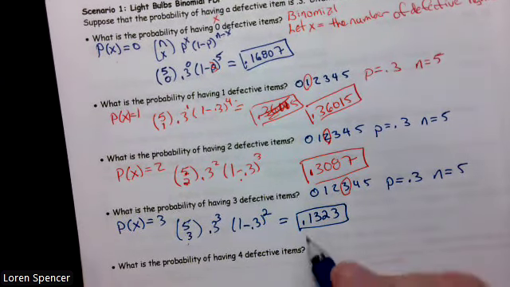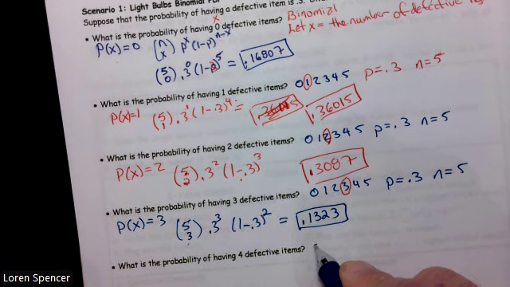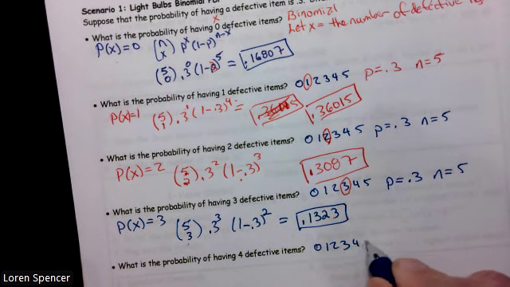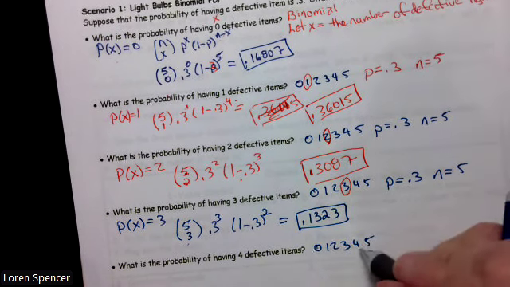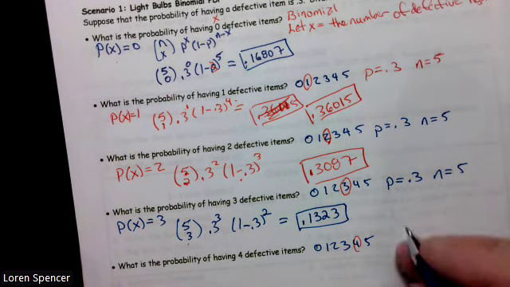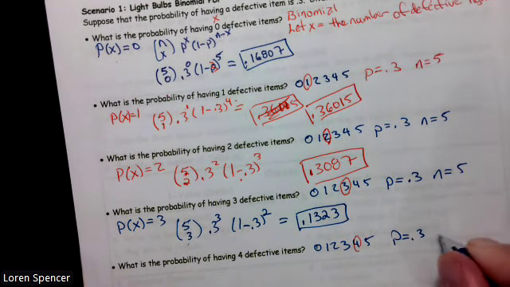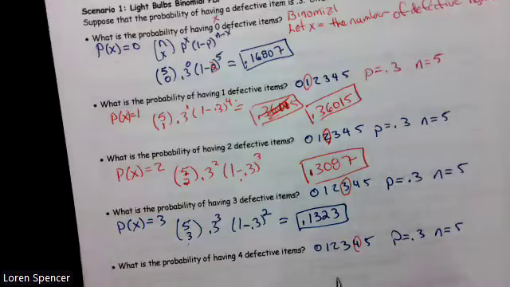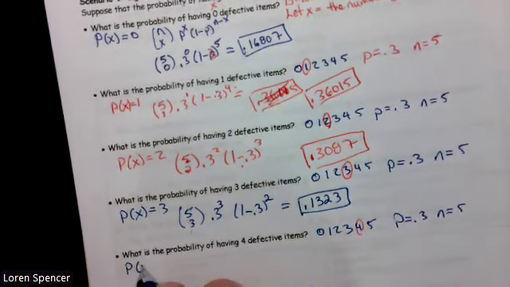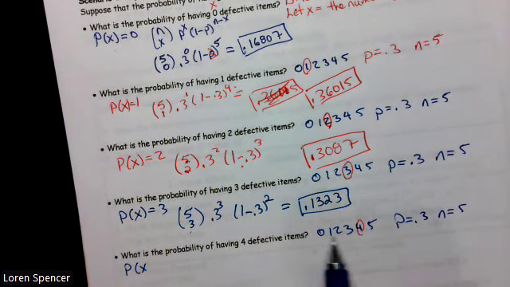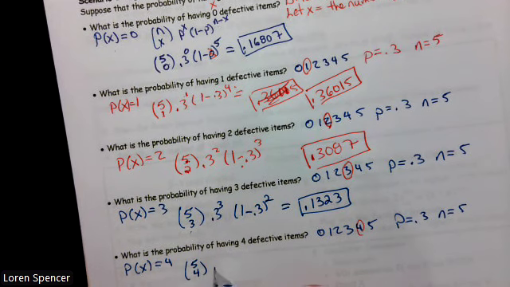All right, continuing on, what's the probability of having 4 defective items? 0, 1, 2, 3, 4, 5. Probability is 0.3, n is 5. So the probability that x equals 4 is our probability statement. 5 choose 4, 0.3 to the fourth power, 1 minus 0.3. 5 minus 4 is just plain old 1.